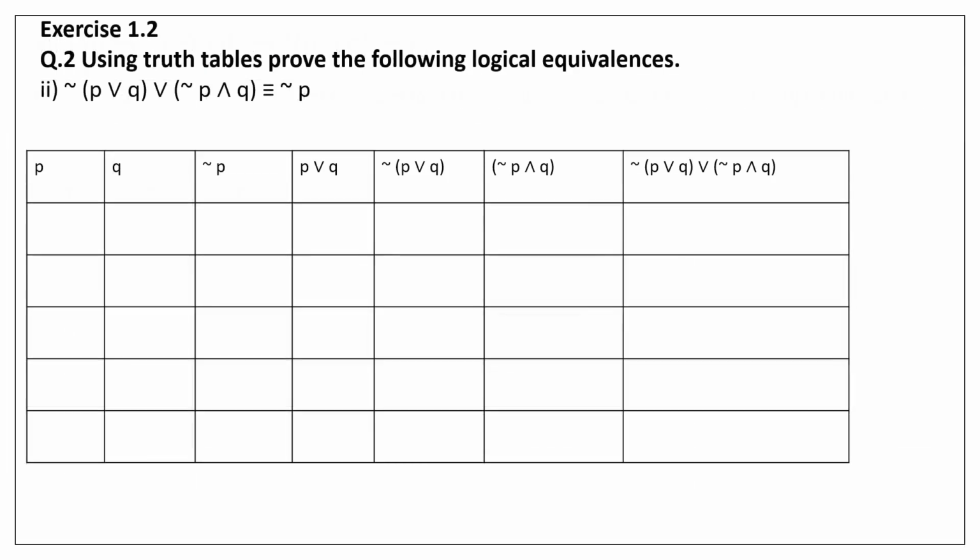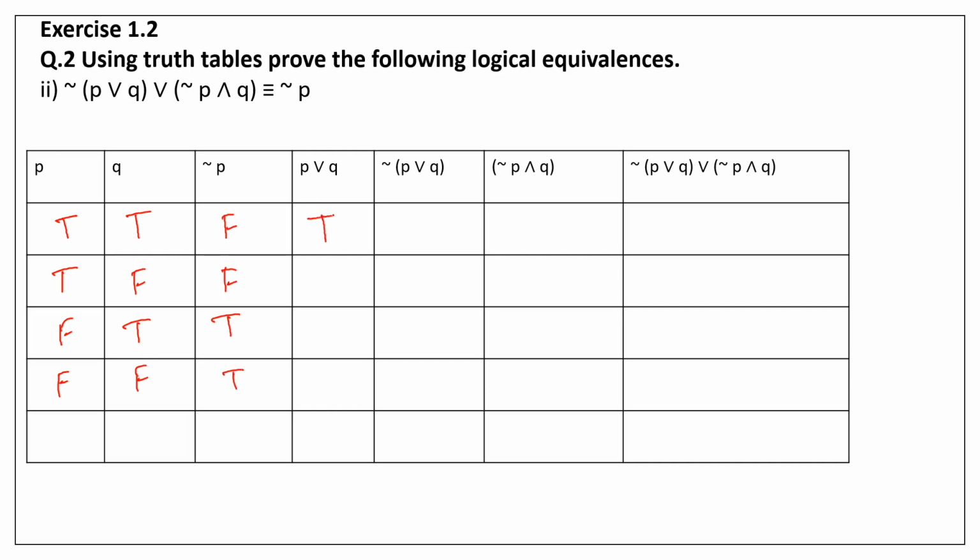Next example, using truth tables, prove the following logical equivalence. Okay. So again, P as T, T, F, F, Q as T, F, T, F. What will be negation of P? F, F, T, T. P or Q?